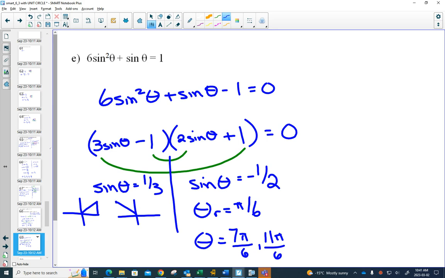I can draw back to my x-axis, and both of those would have a reference angle. What do I know about those triangles? That the opposite side is 1, the hypotenuse is 3. And I can solve for my reference angle because those are regular triangles. I can have sine of my reference angle is 1/3.